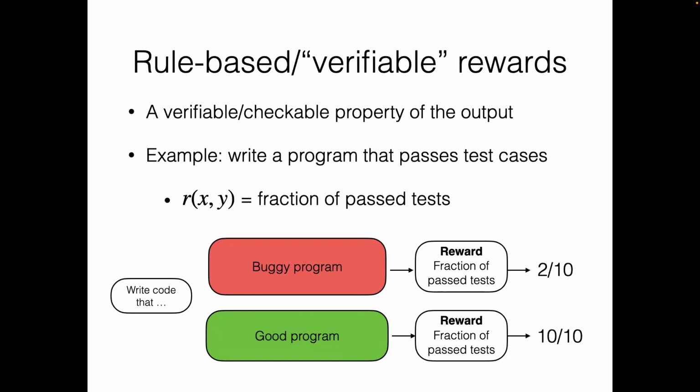So with programs, if you write a bunch of test cases, then it's still possible that you don't have perfect test coverage. And actually, we're going to see an example later where if you optimize against these test cases, the model can still exploit the reward function. But anyways, this is just contrasting it with a model-based or learned reward, which we'll see later.